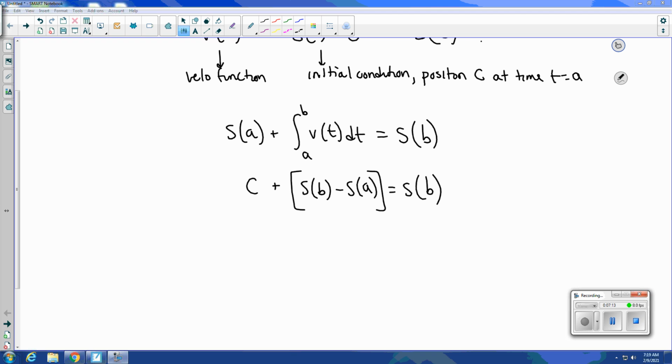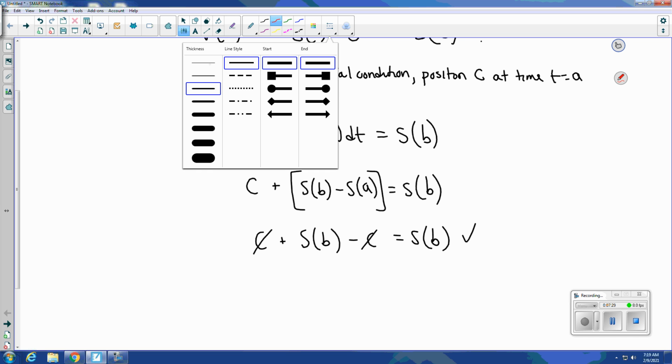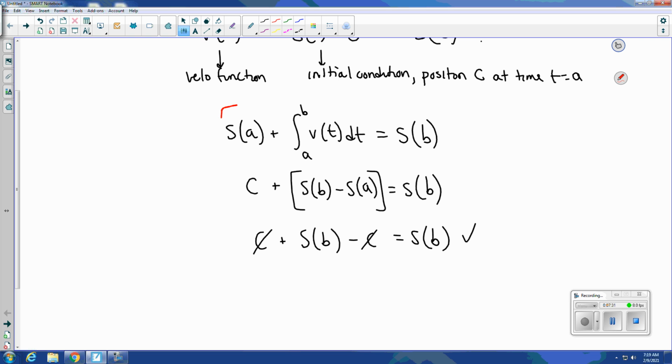And you should even see that the algebra holds here because we know s of a is equal to c, whatever that number was. These things cancel, so the left side equals the right side. So that calculation on the left side is in fact a valid solution for how to find the position at time t equals b.